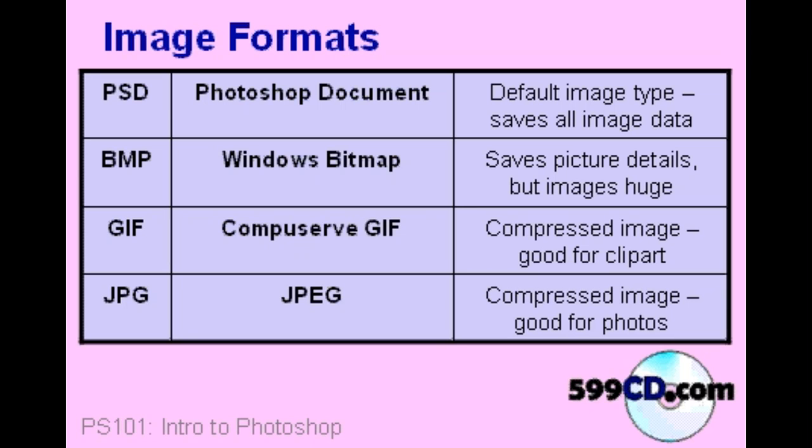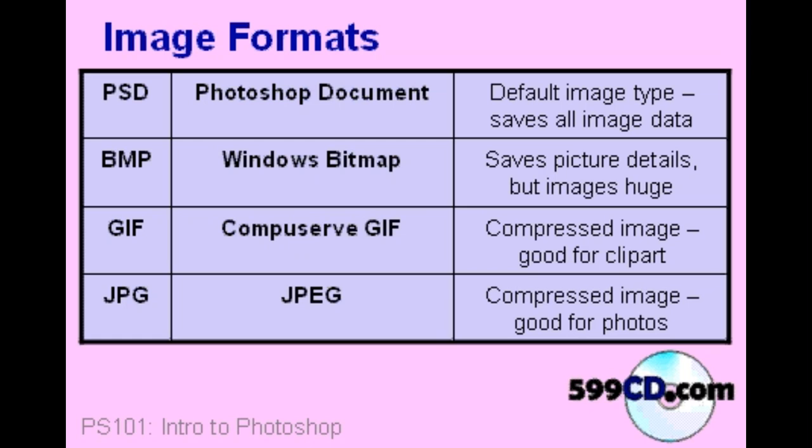Both are compressed images. Compressed means the picture is squeezed down so the file size is smaller. Of course, if the file size is smaller, then the image can be displayed quicker on a web page or can be transmitted quicker to someone in an email or some other form of transfer.